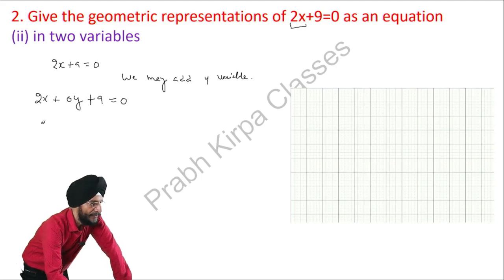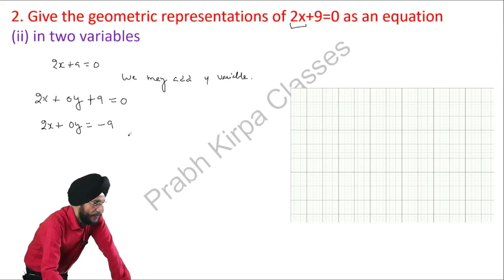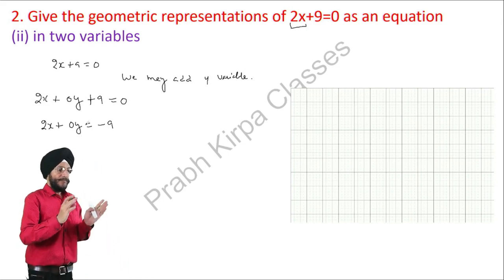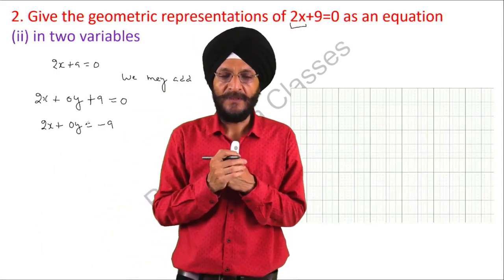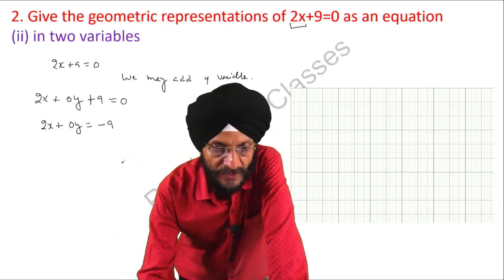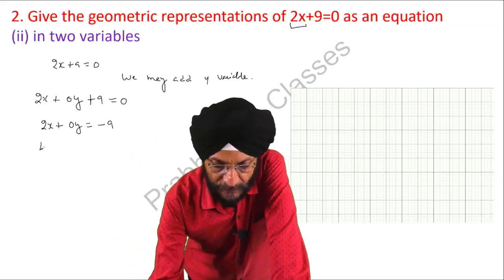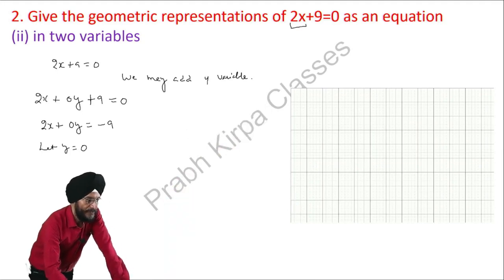So we may write it in this way. In other words, we can write it as 2x plus 0y is equal to minus 9. So now we are to find out two solutions of x and y which fit into the equation. Suppose we let y is equal to 0, then what happens?